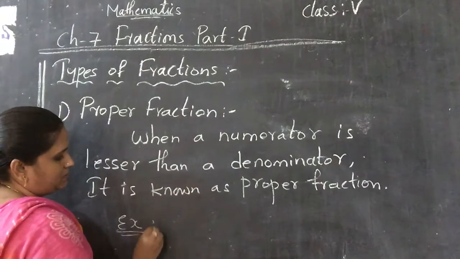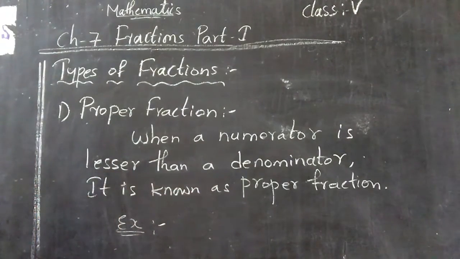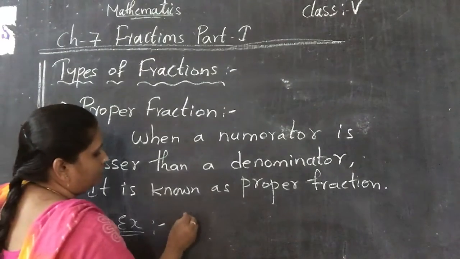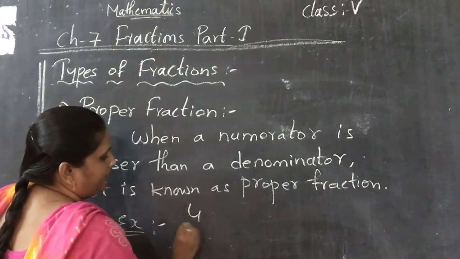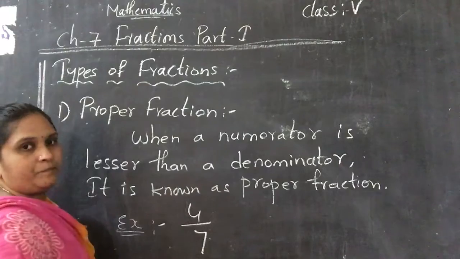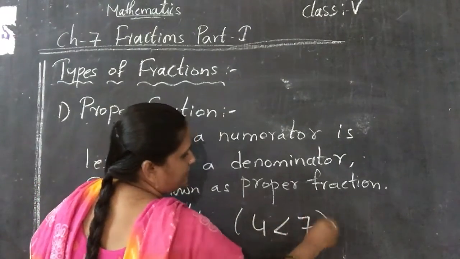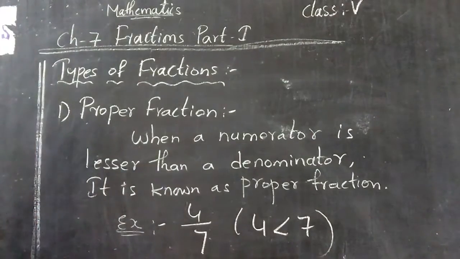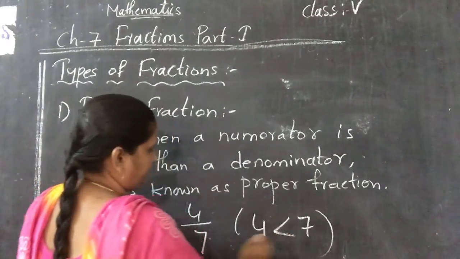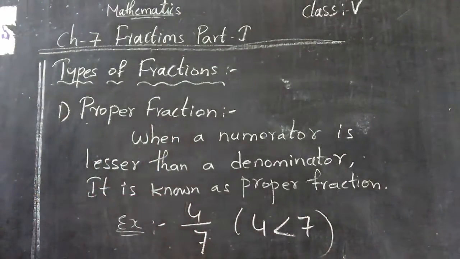Example, 4/7. So 4 is lesser than 7. This is known as a proper fraction.